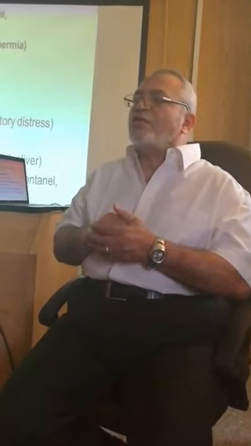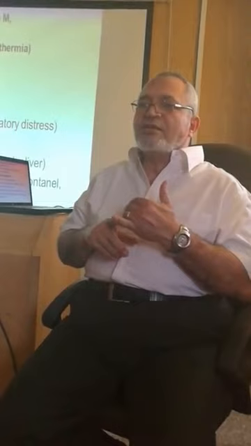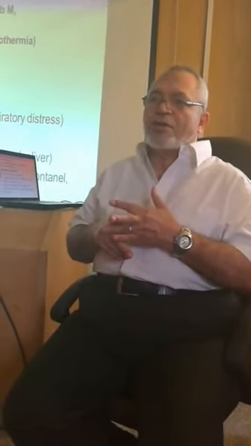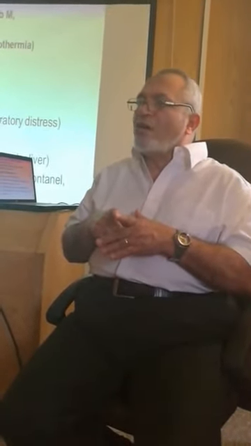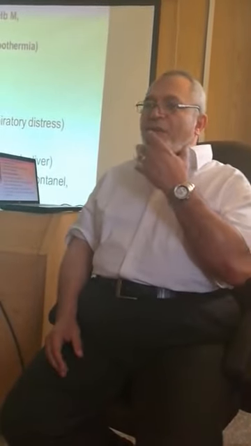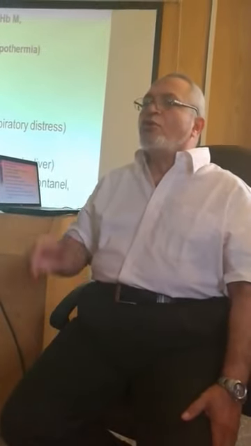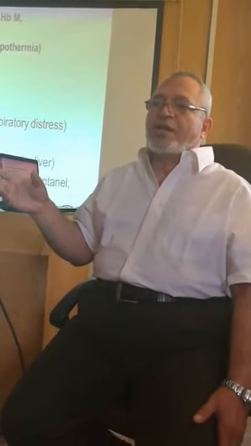These are the CNS causes, but if you examine the central nervous system and you find the baby is completely normal, so the chest is normal, the heart is normal, and the CNS is normal, you will consider the possibility of other causes. So you will look at the baby's color to see if he is polycythemic or not, and you will order CBC to see the hematocrit.